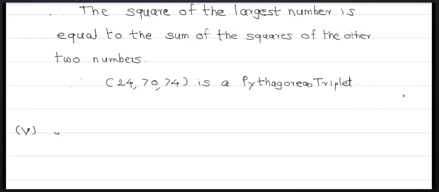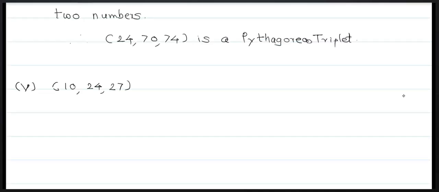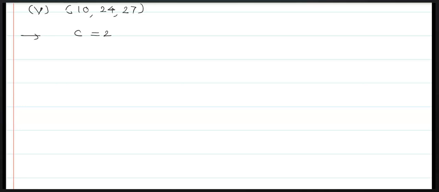Now the next is the fifth one, 10, 24, 27. Here C is equal to 27. Next, A is equal to 10, B is equal to 24.